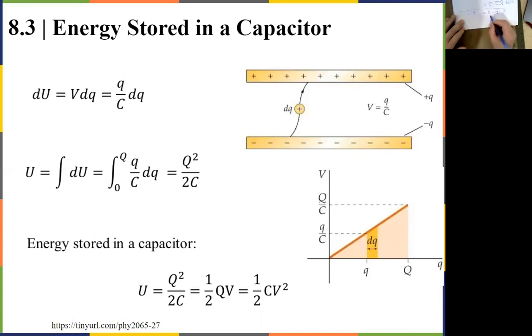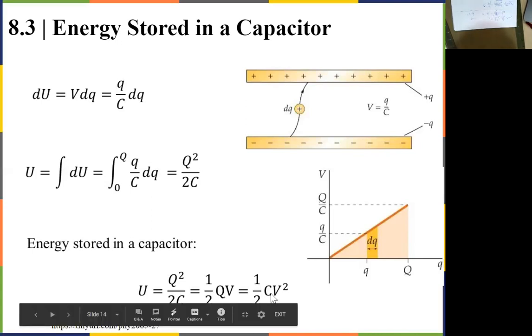Or if you don't do it that way, you just rewrite Q as C times V, then this is CV squared over 2C. So it's C squared V squared over 2C, then C and C cancel out, and you still have one C on the top. So then 1/2 CV squared. So basically, that's how the other two expressions came from, right?